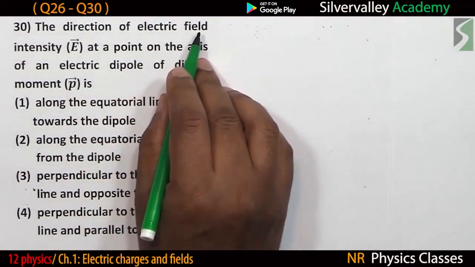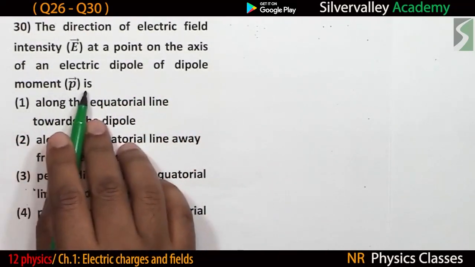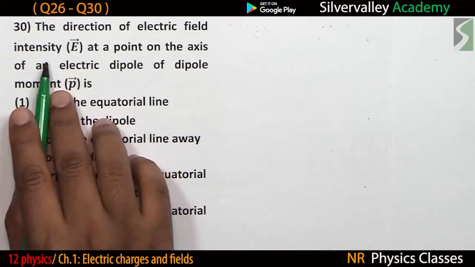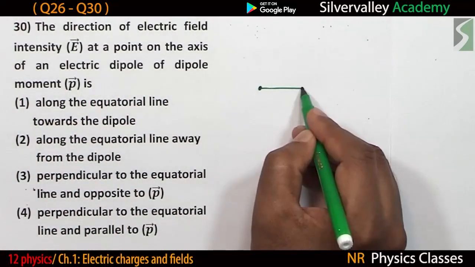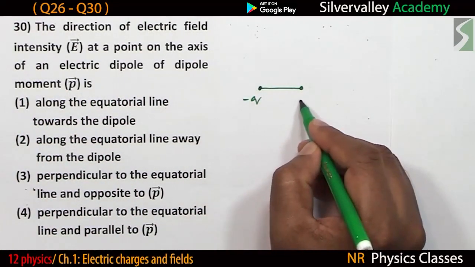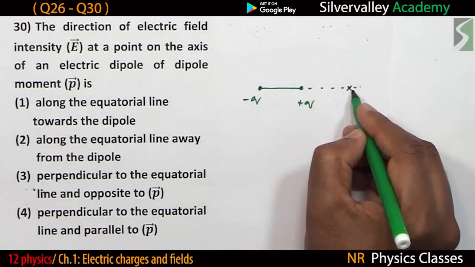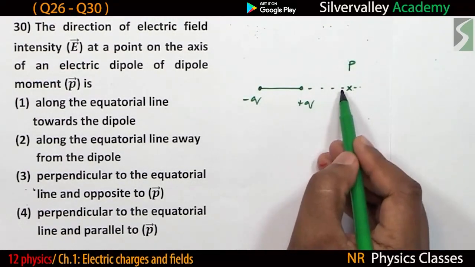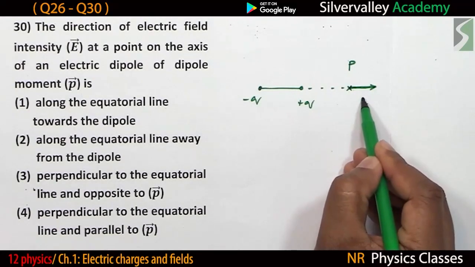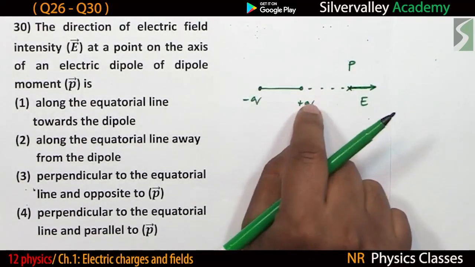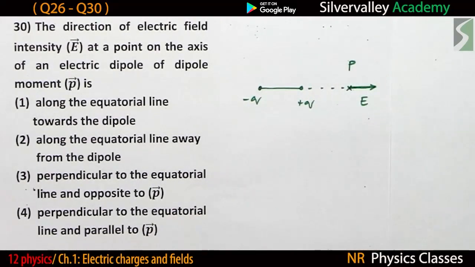The direction of electric field intensity at a point on the axis of an electric dipole: minus q, plus q. If this is point P, the electric field is away from the dipole, meaning the effect of positive charge is more, therefore the electric field is away.